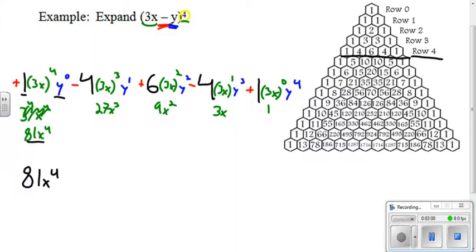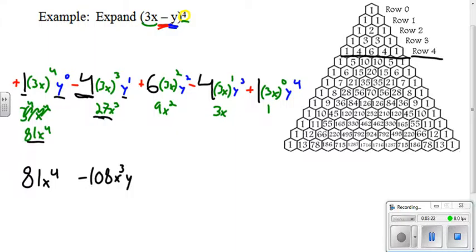Our second term would be 4, or should I say negative 4, times 27x cubed times y to the 1st. So that one is actually going to come out to negative 108. That's our coefficient, x cubed y. And that was negative 4 times 27, got this coefficient here.